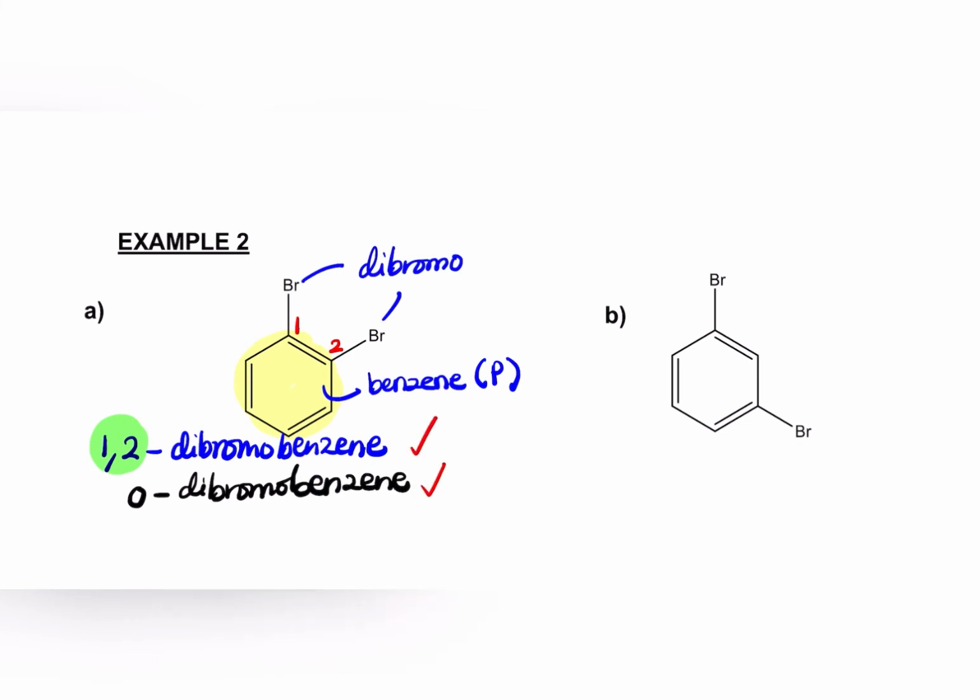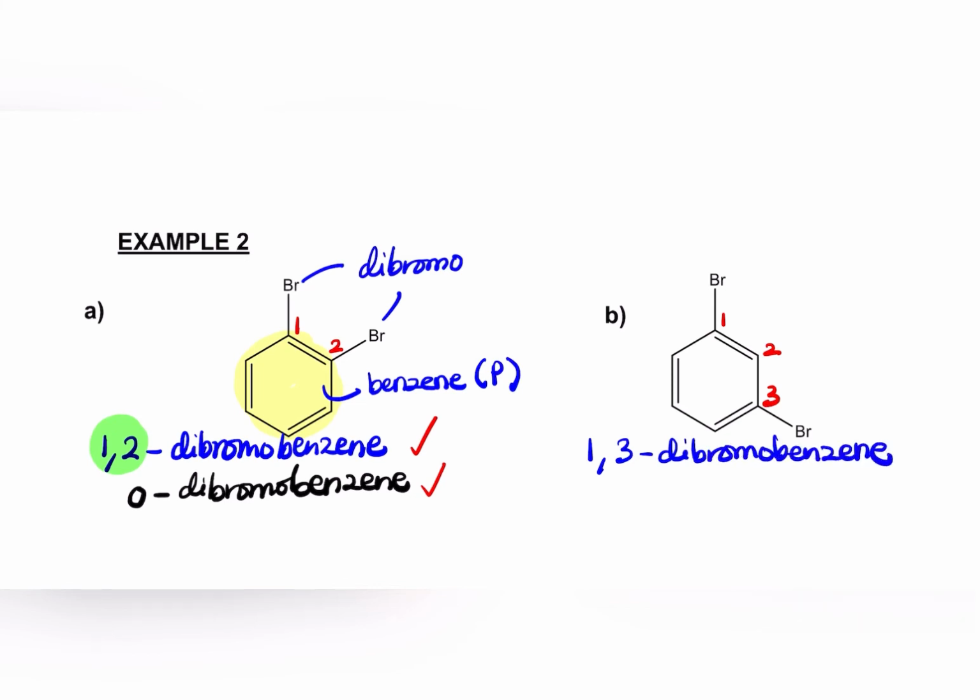Now let's focus on structure B. I also got the same case as structure A, however the position of my substituents changes right now, which is at the first carbon and the third carbon. So I'm going to give the name as 1,3 dibromo benzene.